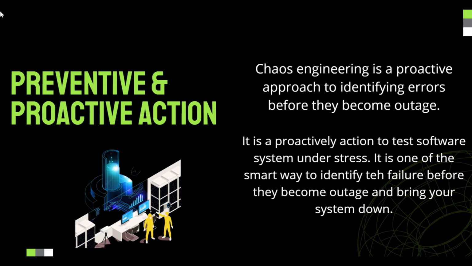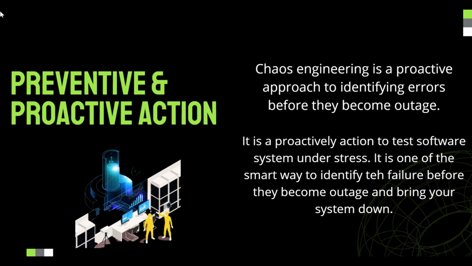So guys, generally we test software development from the dev stage, UAT, and then finally we move it to production. But sometimes last moment surprises happen, which totally impact our release date and spoil our effort, right? So that's why we need to build some systems where we can directly test on the production level system, and that is the more preventive and proactive action, and that facility is given by chaos engineering.